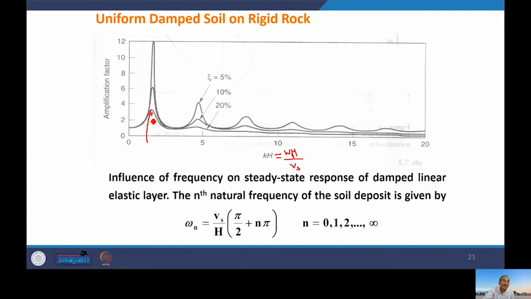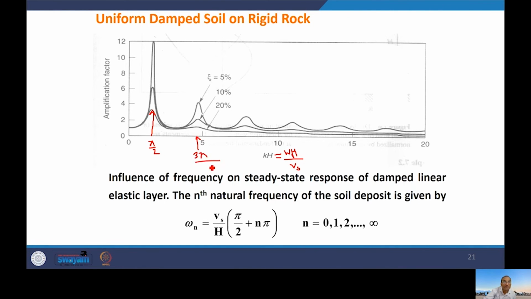So this should be a straight line. This will be related to pi by 2. Okay, again, what you have here is going straight. The peak is here. This peak will be related to pi by 2. Then the second peak, that means 1.57, and this will be related to 3 pi by 2.